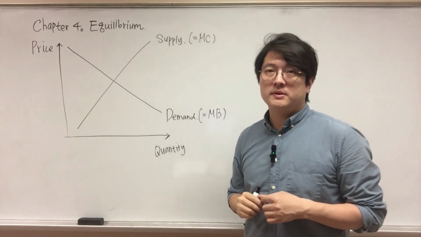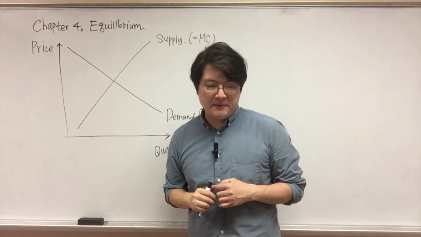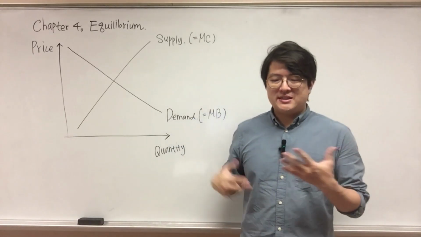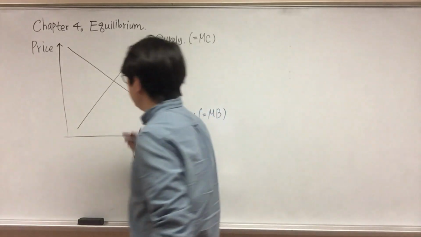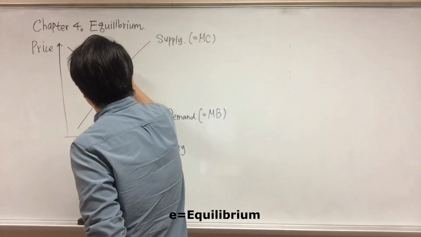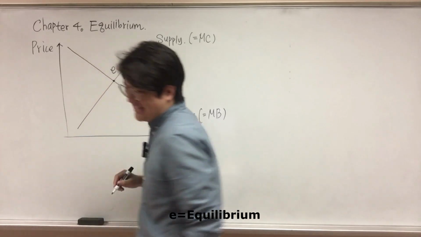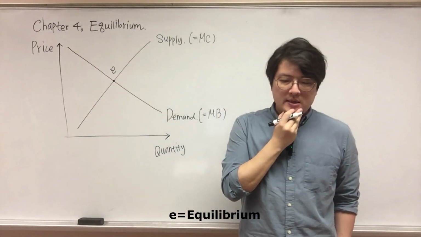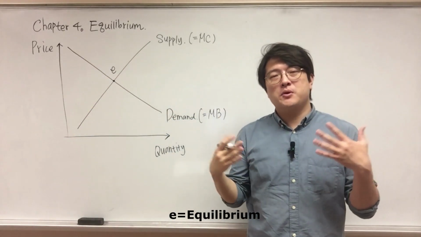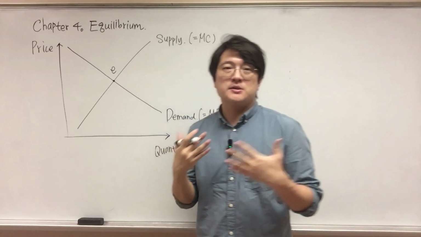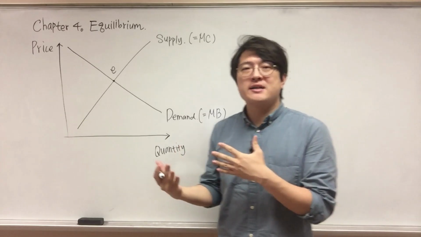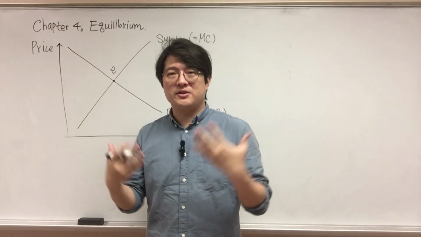So the point at which these two curves meet is called the equilibrium point. I can express it as E. This equilibrium point is the intersection of the two curves, where the market price and market quantity are determined.